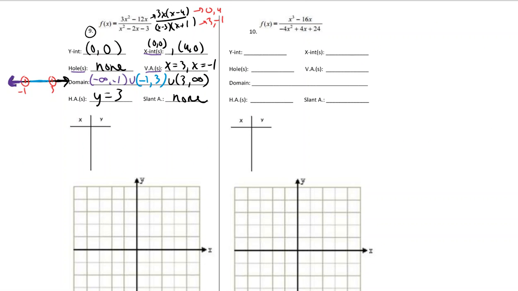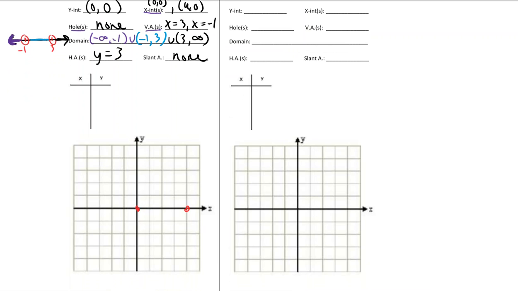Okay, if we start throwing this stuff on the graph, our y-intercept, our x-intercepts, can't graph a hole if there's not one, all of our asymptotes need to be shown as dashed lines, whether they're vertical lines or horizontal lines or slants.